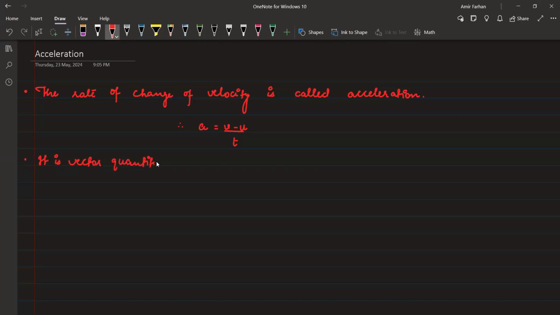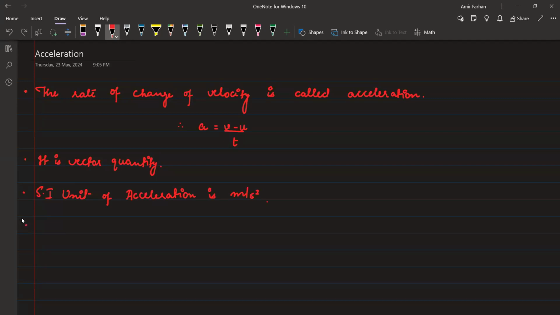Next, the SI unit of acceleration is meter per second square. Got it, Ayaan? Yeah. It is meter per second square. Any doubt so far? Clear, Ayaan?